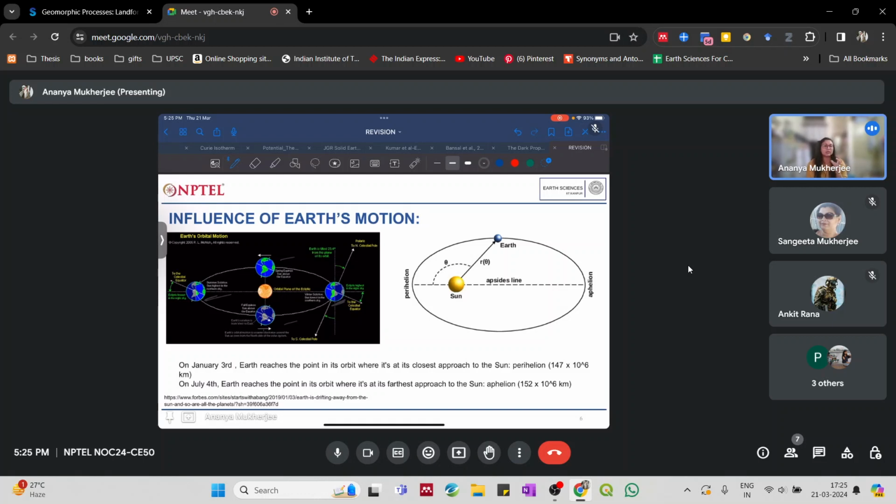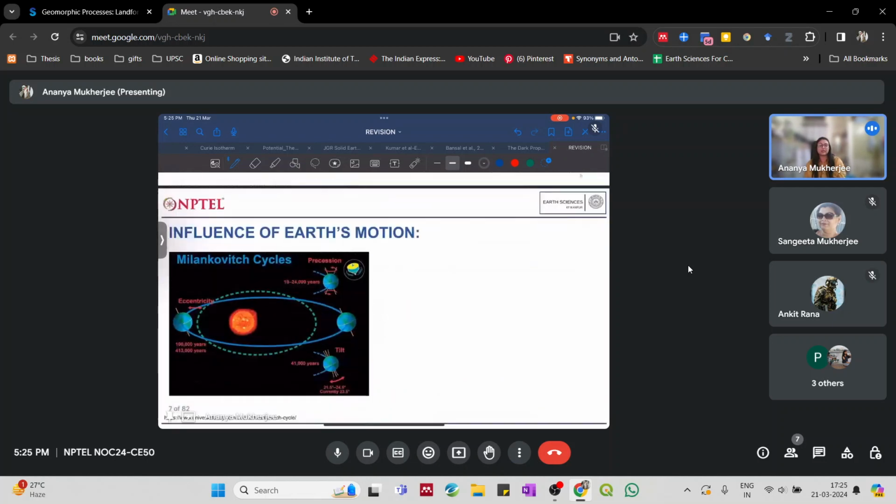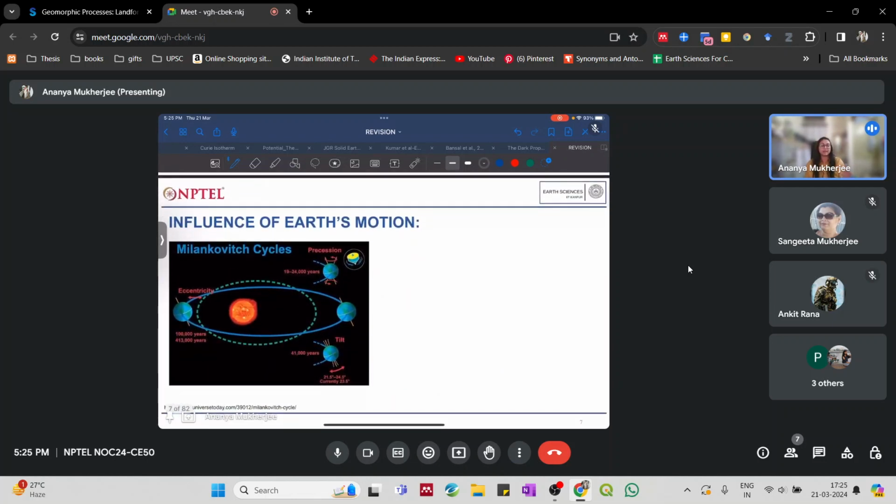Okay, so this is one of the primary reasons why we have different weathers. But even this orbital motion can get influenced by other aspects like the eccentricity of the earth's orbit, the tilt of the earth's axis, as well as the precession of the earth's axis.